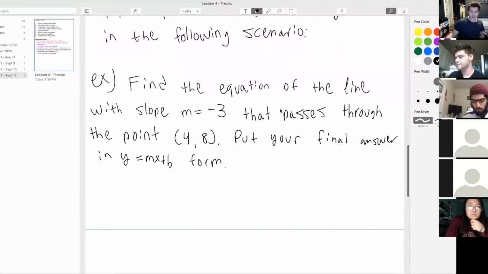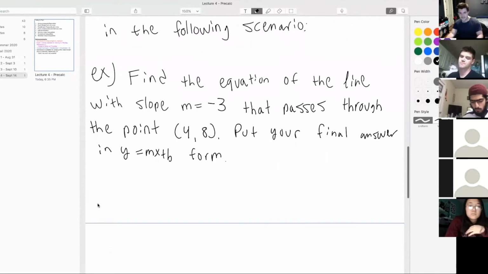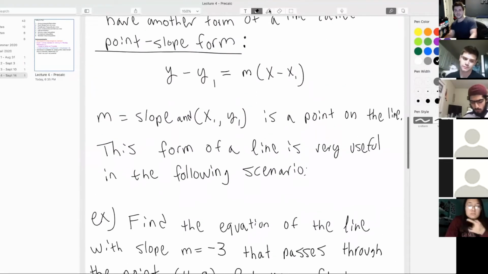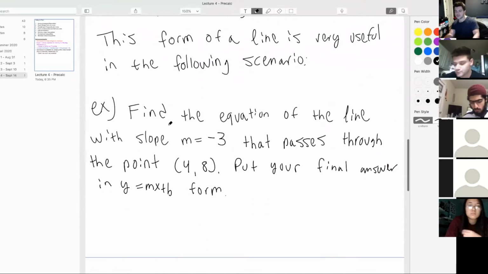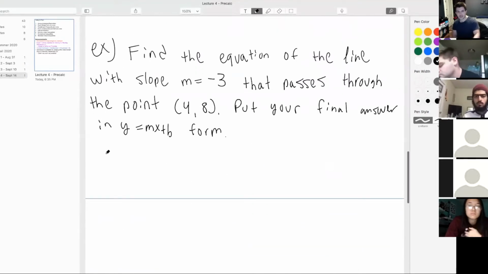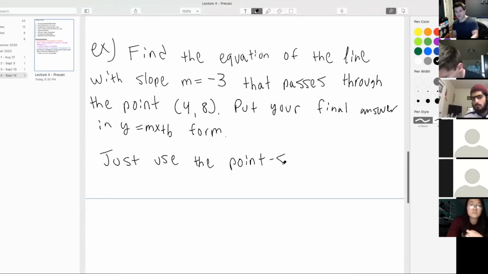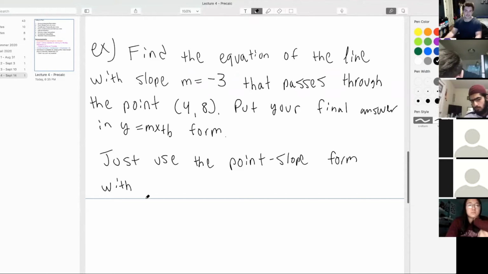Okay, so how do we do this? It's not that bad. We just need to use this point slope form of a line, okay? That's really all we need to do. So let me just show you guys how to do that. So just use the point slope form with the following info.